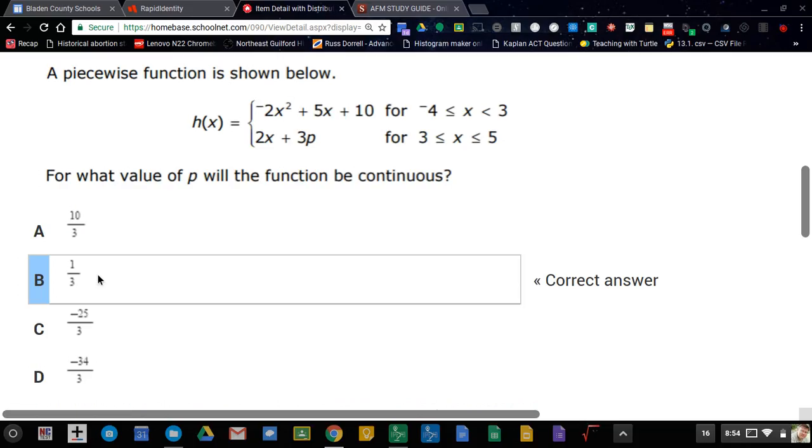Now, guys, is this something where I can pick and choose from the answers? I could say let x equal 3. You still have to know that boundary point, where the two functions split off.